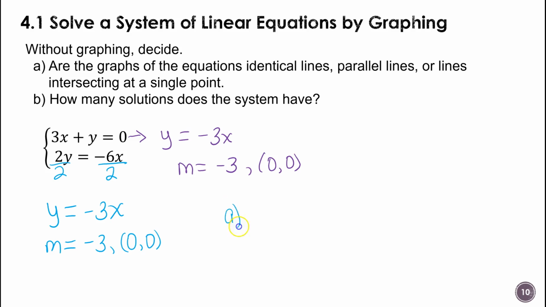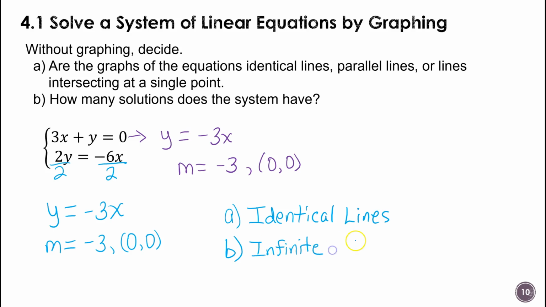So in part A, I say identical lines. And then on part B, that means that there will be an infinite number of solutions. That's because they're the same line, so pretty much they're intersecting everywhere. Infinite number of solutions.